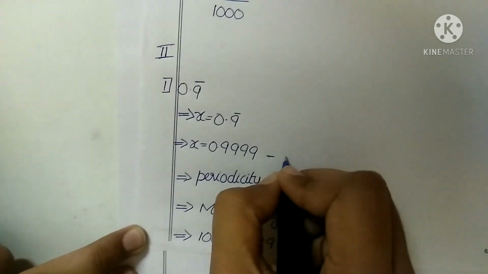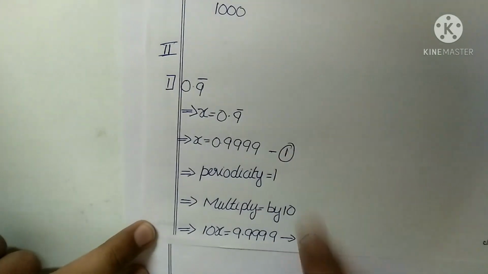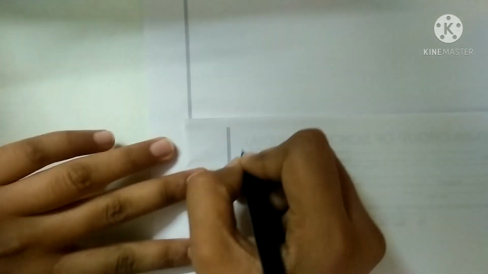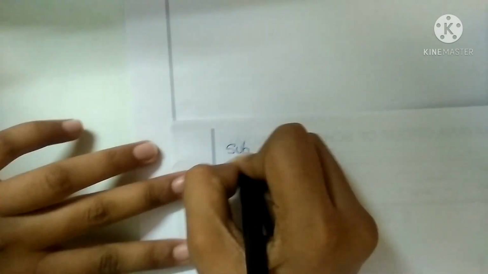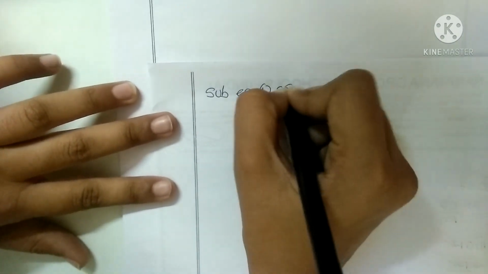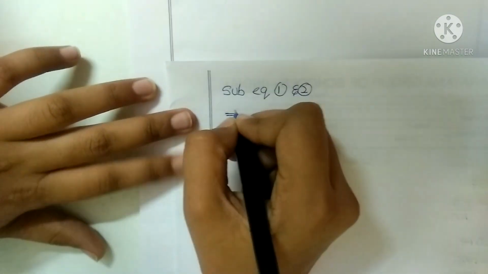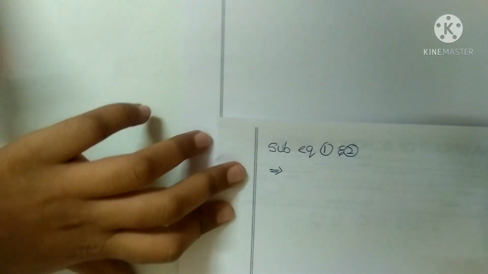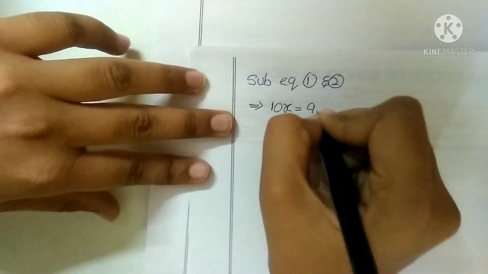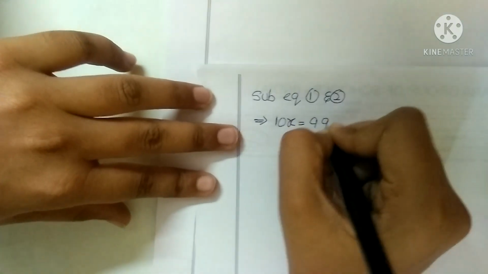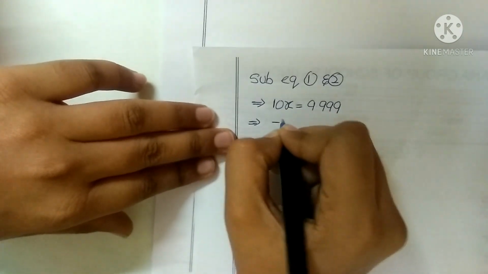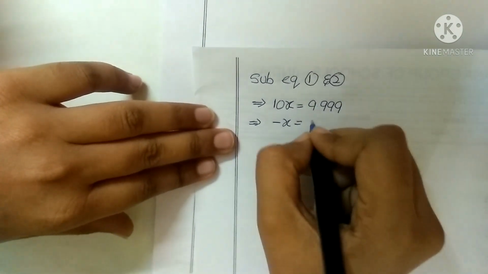We should write it as the second equation, and x equals 0.999 as the first equation. Now by subtracting equation 1 from equation 2, we get 10x equals 9.9999 minus x equals 0.999.